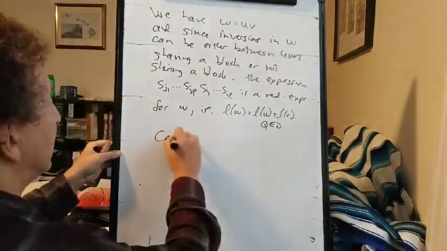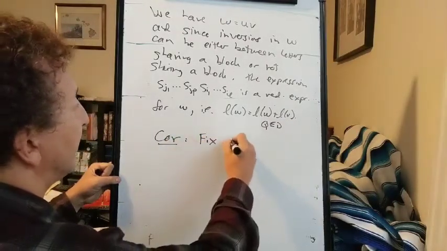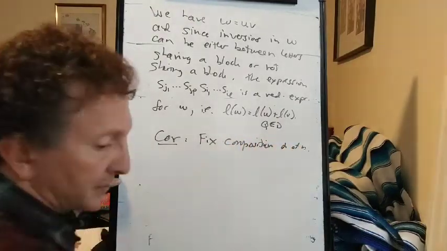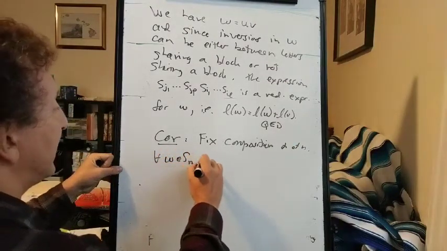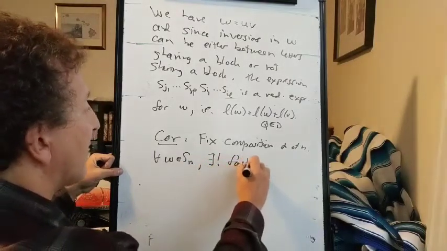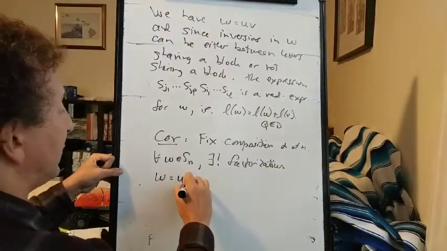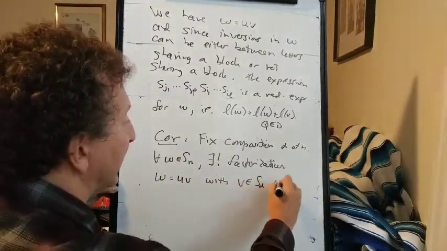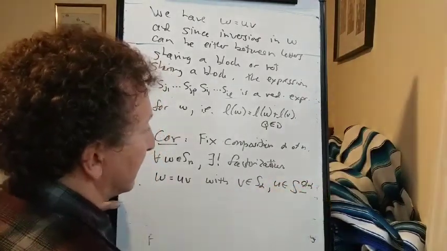And as a corollary, we have that if we fix a composition alpha of n, then for all permutations W in Sn, there exists a unique factorization W equals UV with V in S alpha and U in S^{∅,α}_-.